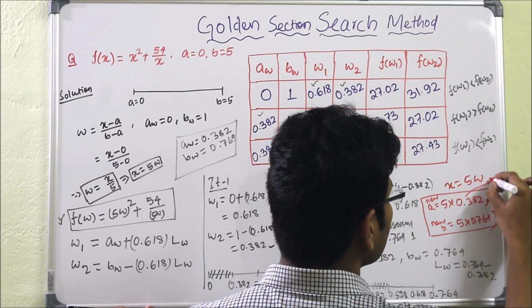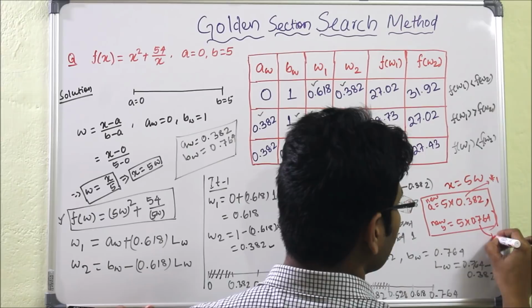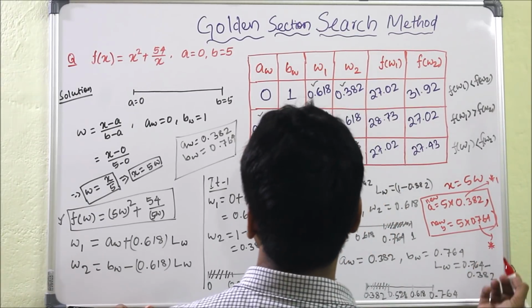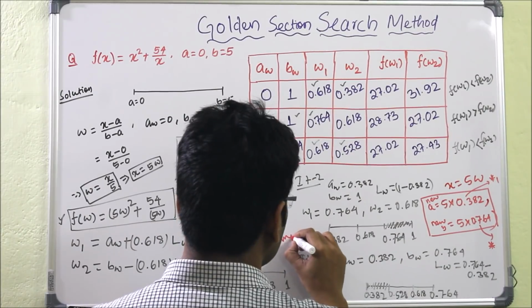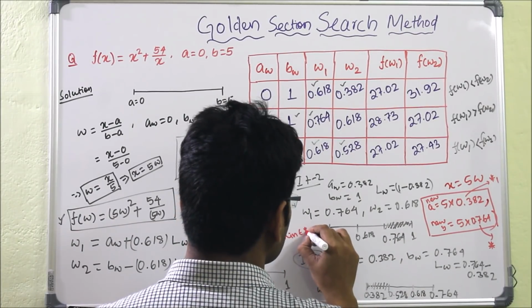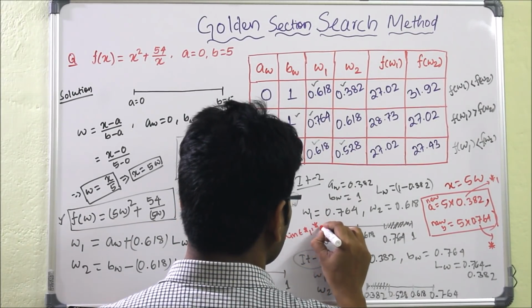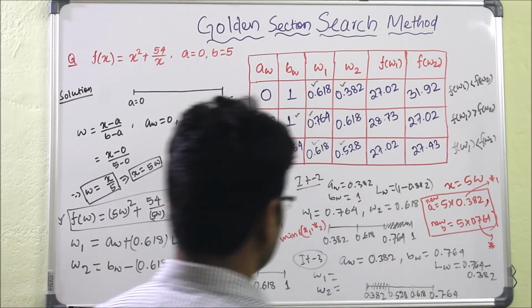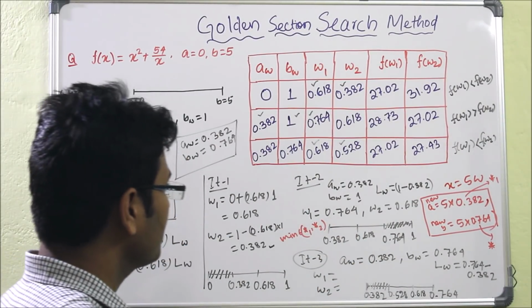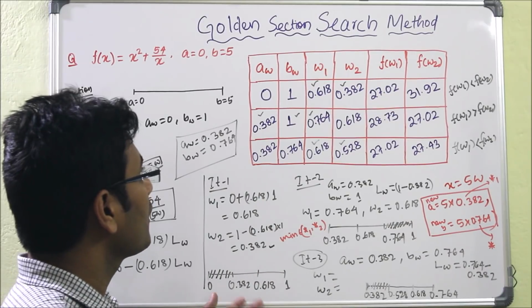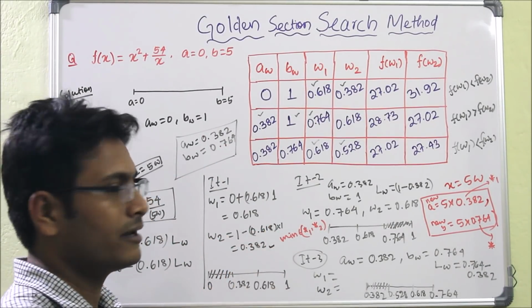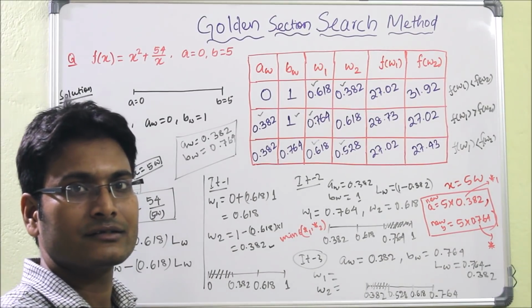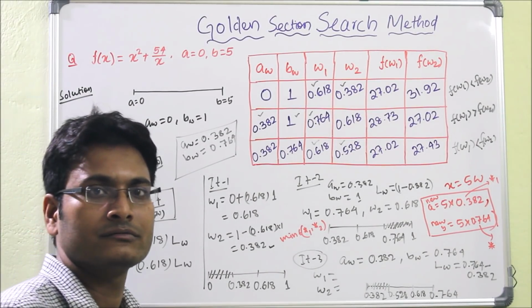If it is star 1 and star 2, then we say that our minimum lies between star 1 and star 2. So this is the final solution of this problem after 3 iterations. Based on the stopping criteria, we have to extend our iterations and then we stop.